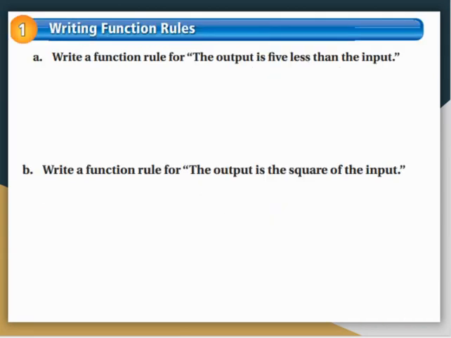Okay, so here's an example. Write the function rule for: the output is 5 less than the input. Remember we said output is represented by the letter y, and input is represented by the letter x. So we would have y is, which means equals, 5 less than.